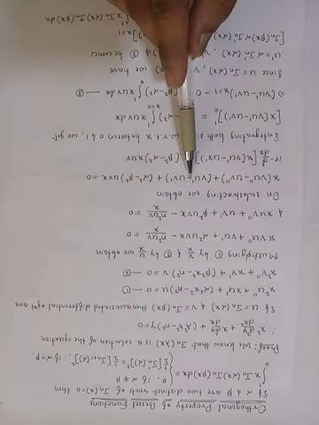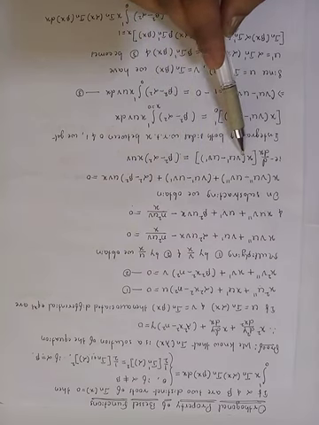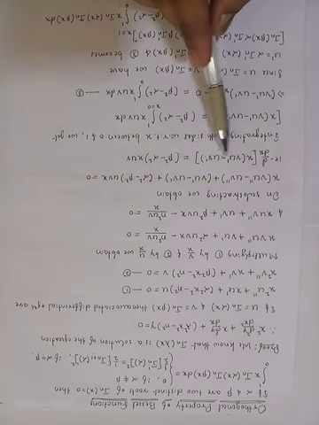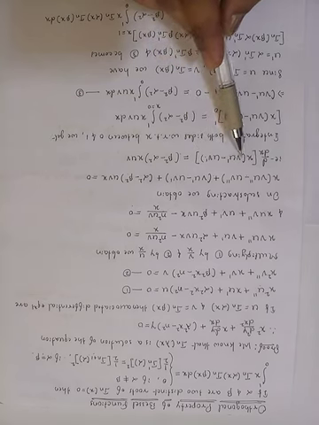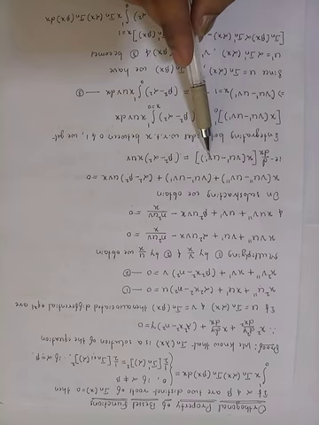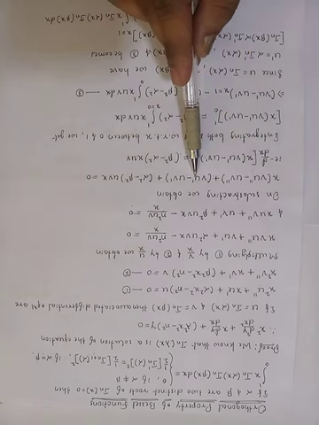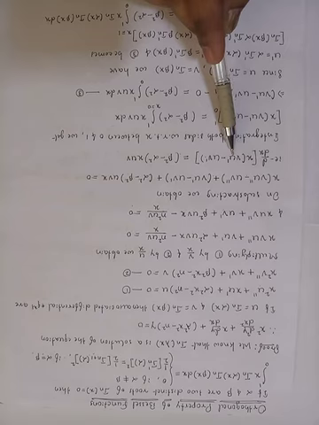Now the first and second terms are the product of x into v u dash minus u v dash. When you apply the product rule, one term is x, and the other term is v u dash minus u v dash. Keeping the first function x, we differentiate the second term.